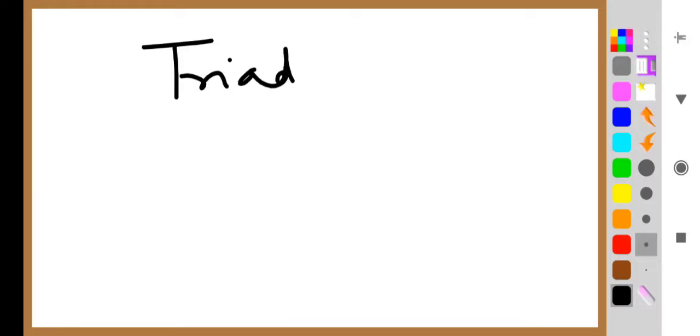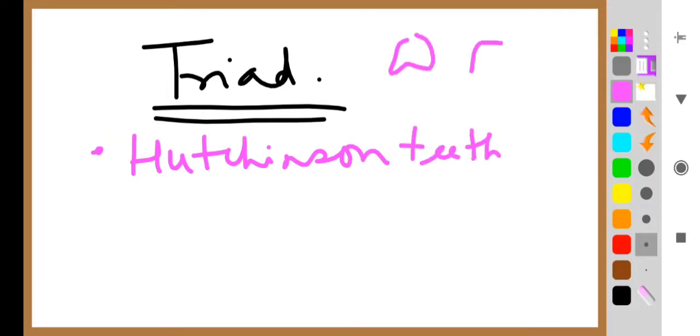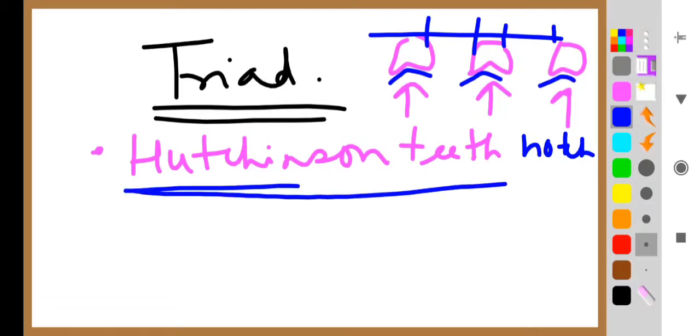Let us learn about this triad, which sometimes is asked in the question. So the triad is Hutchinson teeth, which is the teeth widely spaced, and the teeth has a kind of notch. So these teeth, can you see there is a wide space between them and there is a notch. This is called the Hutchinson teeth.